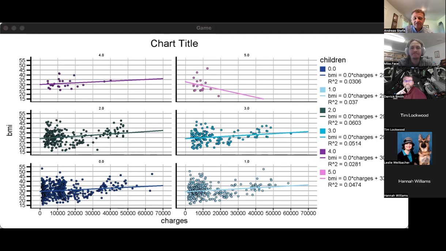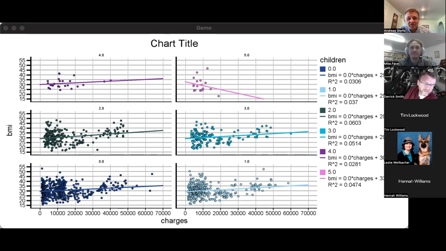So in the 5 kids chart, what we observe is that as the BMI goes up, and if you have 5 kids, the charges go down. Why is that? This is very confusing because if you look at the legend, it sure says that it's valid.